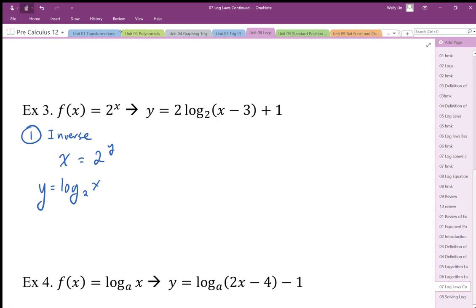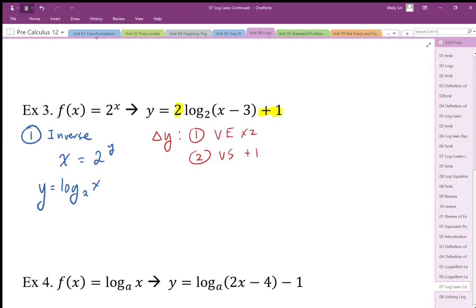Now I can see my transformations on the inside and outside. My transformations on the outside are those, that's my change in y. The first step in the change in y is a vertical expansion by 2, then a vertical shift up 1.